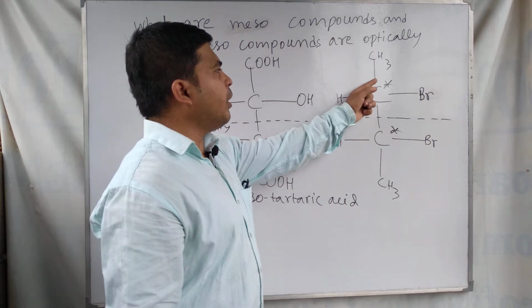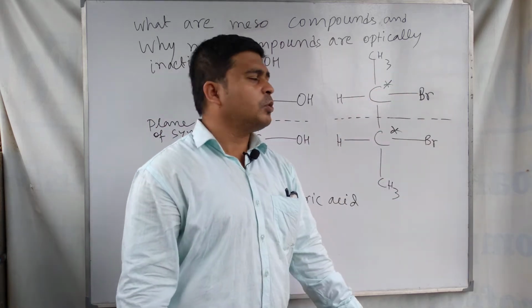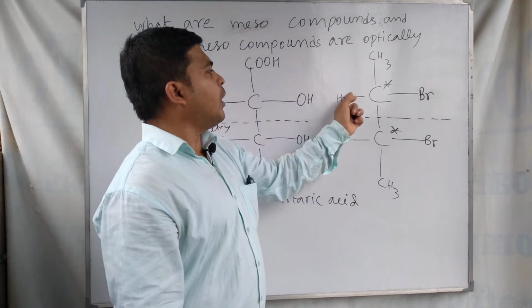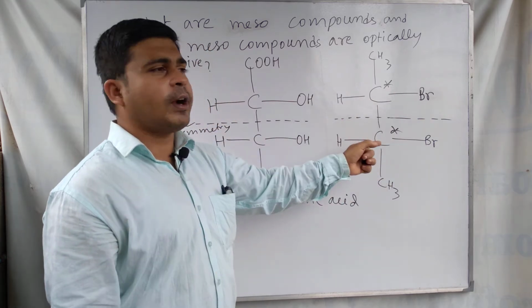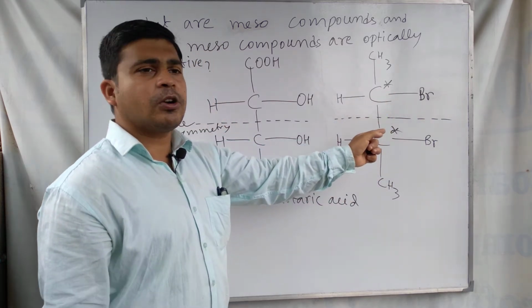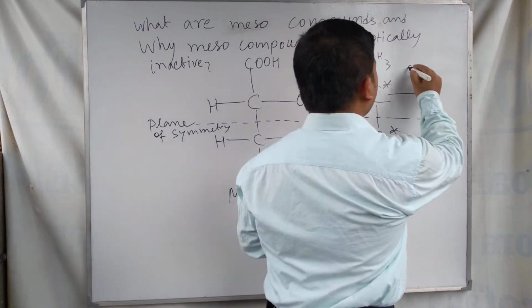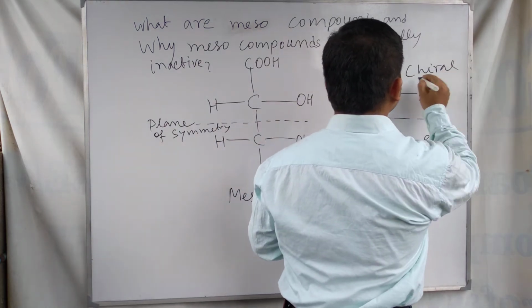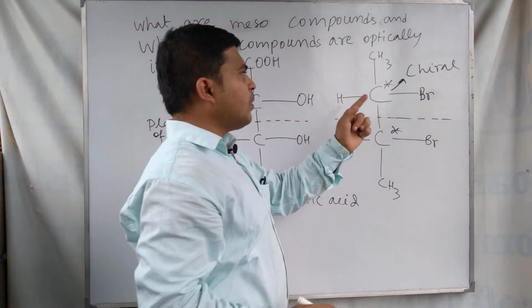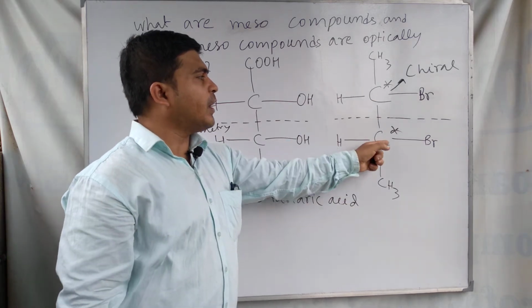These carbons are joined with four different groups of atoms. Look at this, 1 2 3 4, four different groups are joined with this carbon atom. So this carbon is a chiral carbon, and this carbon is a chiral carbon. It has two chiral carbons.